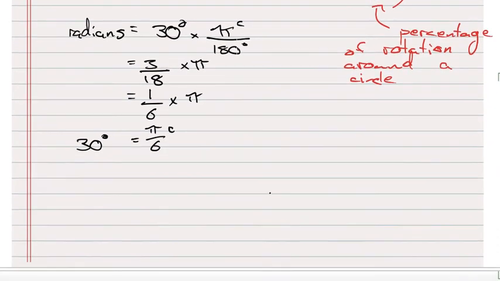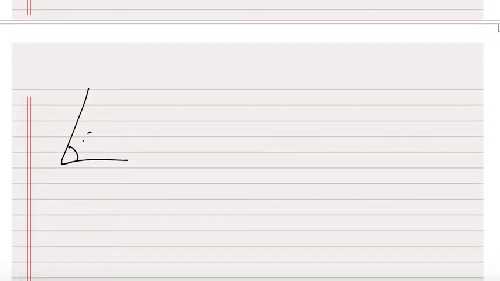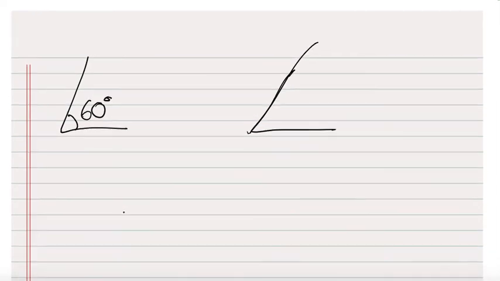Now to go the opposite way, let's pick another one. We'll go pi on 4 radians, and we want to find the degrees.